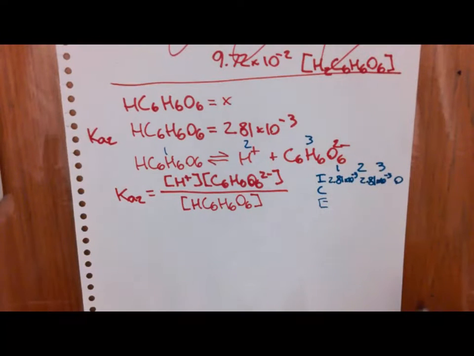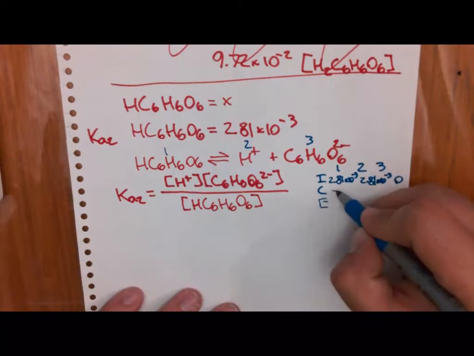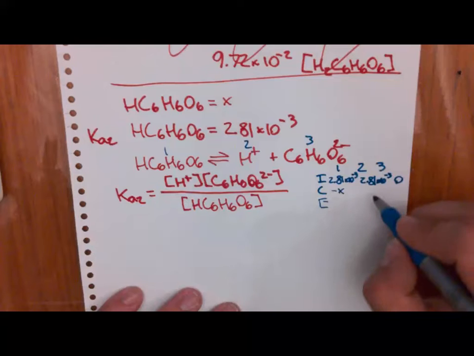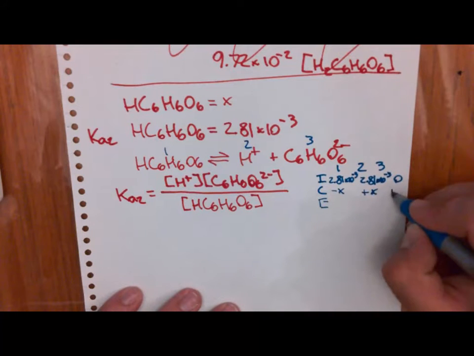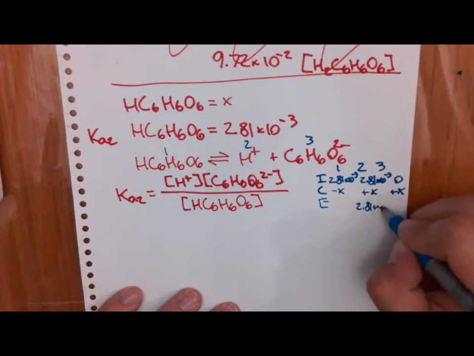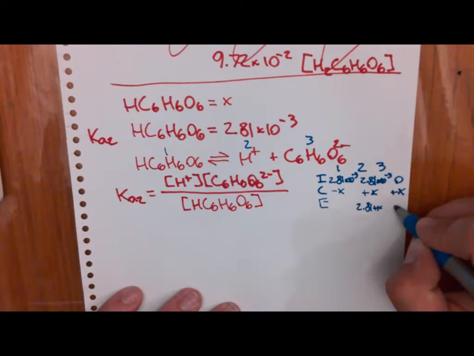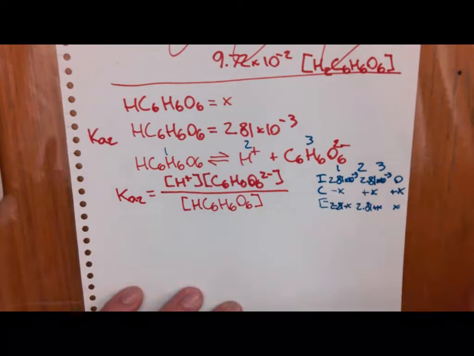Right? So what you're going to realize is this is going to decrease by x, this one here is still going to increase by x, and this one here is going to increase by x as well. So we're still going to be left with 2.81 plus x, and this one's going to be just x, and this one's going to be 2.81 minus x.